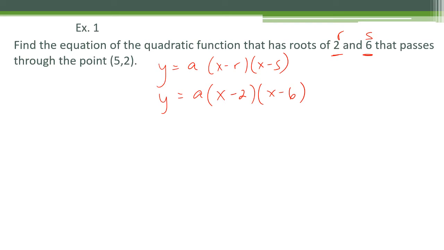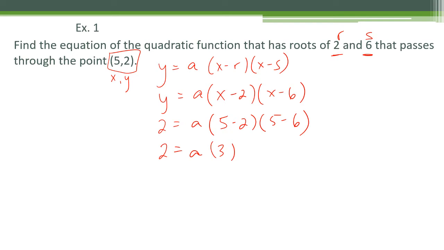So there is another piece of information that I gave you, and it's this coordinate, which is x and y, and you have an x and y in that equation. So we can replace y with 2 and replace x with 5. And then just from there, do the math. 5 minus 2 is 3. 5 minus 6 is negative 1. 3 times negative 1 is negative 3a.